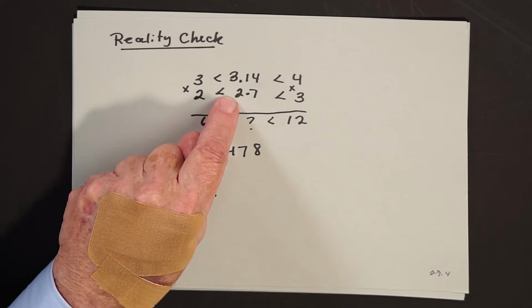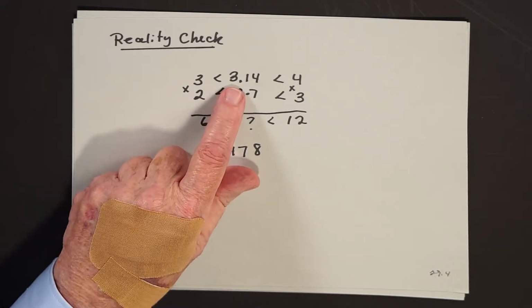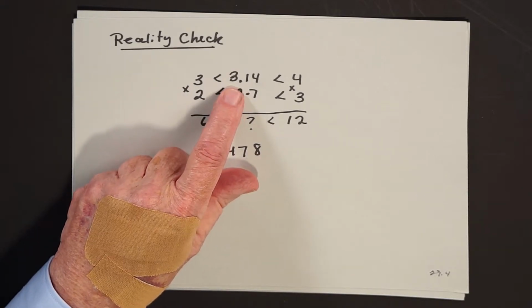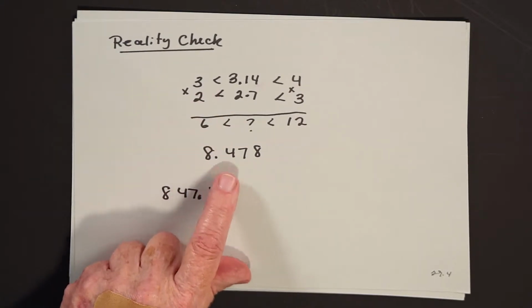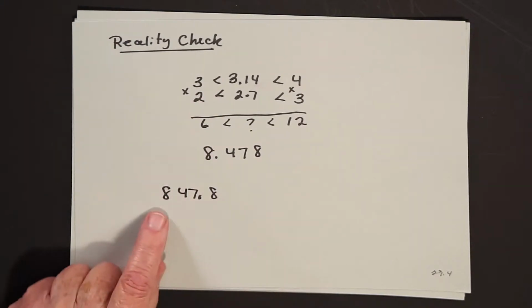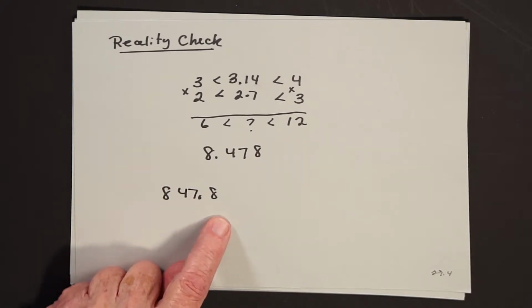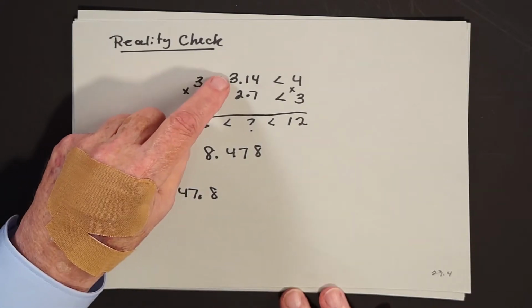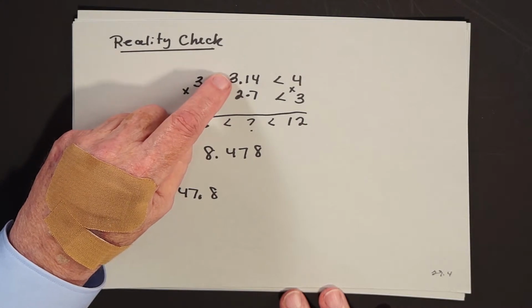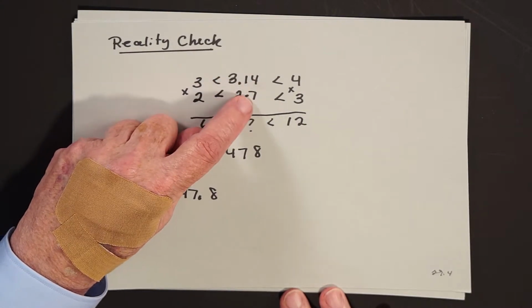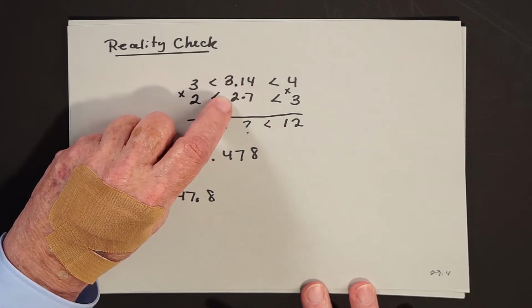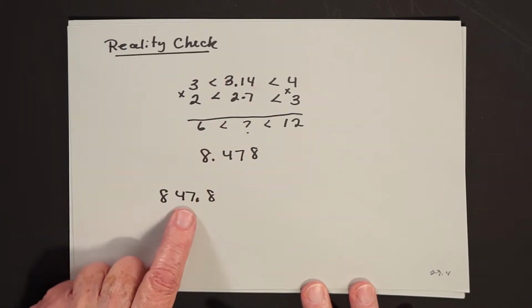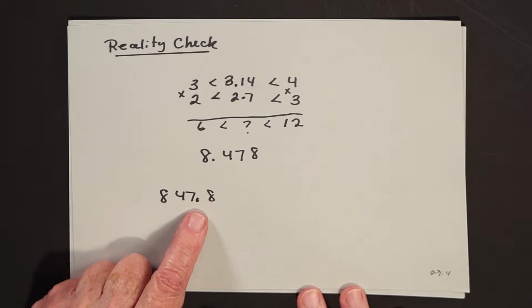In other words, they thought they entered the decimal point, but they either pressed the key too lightly or they omitted to press the key. The answer they would get wouldn't be 8.478 in that case. They would have got 847.8. In other words, even though they thought they were giving the calculator the problem 3.14 times 2.7, what the calculator got was 314 times 2.7, in which case the answer would have been 847.8.